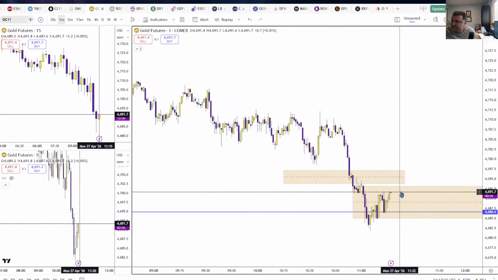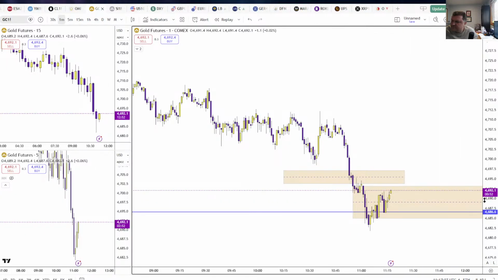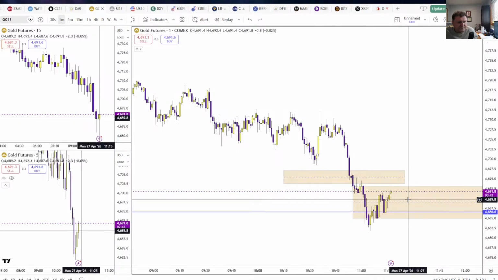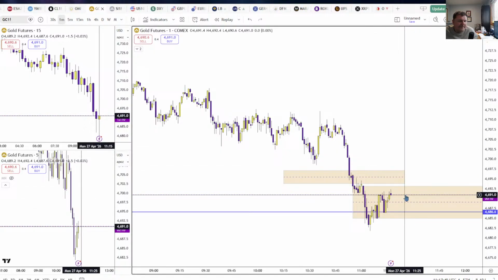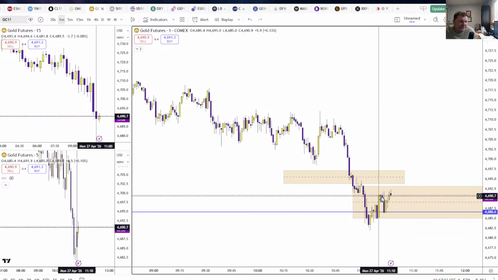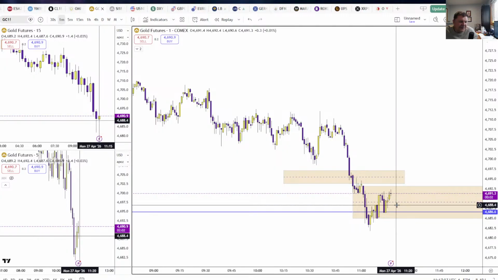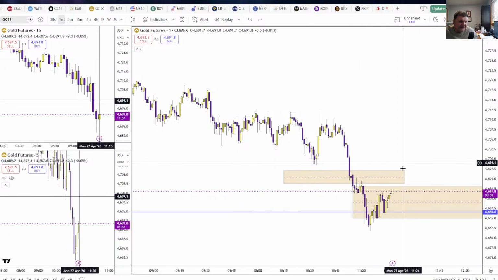It's good. Open above. I just want to see it tap it now and go. I don't want to see us dig all the way down into here. So I want to see this bull trap let go now. Let's send that up.